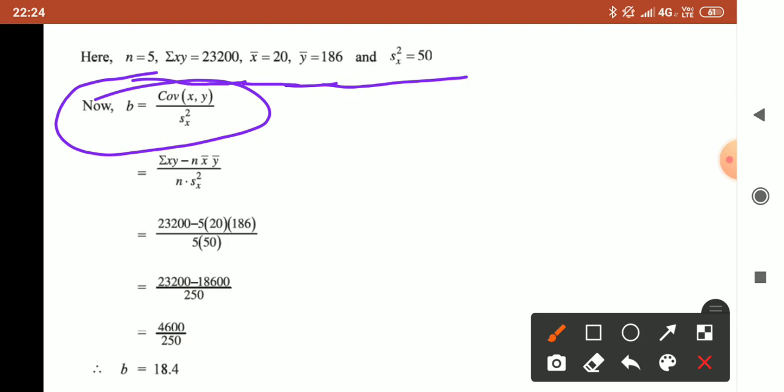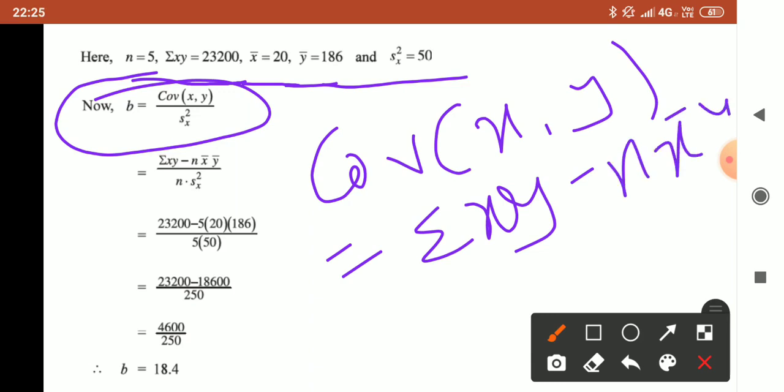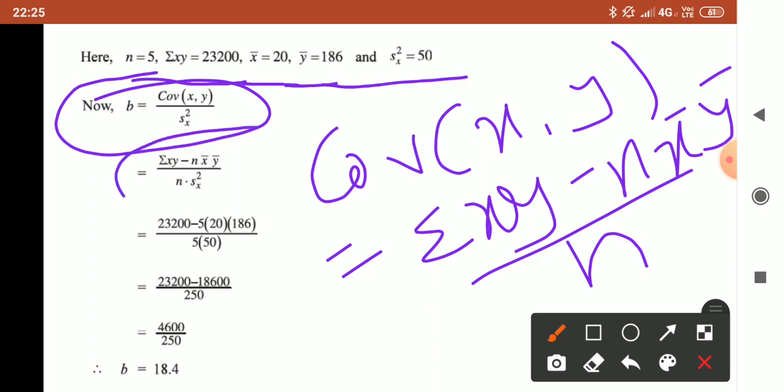So there is another formula to find covariance xy: covariance xy equals sigma xy minus n x bar y bar, upon n. So this is the formula to find covariance. Here I have combined these formulas in this way.